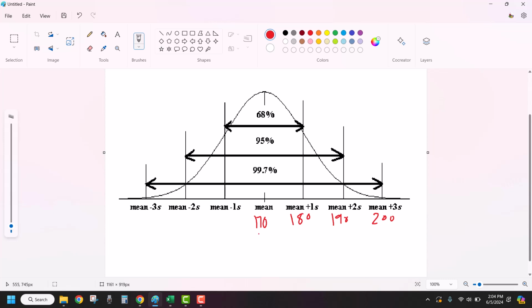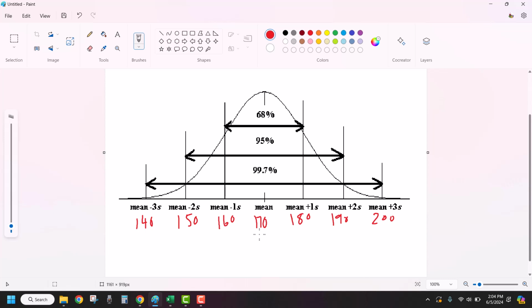And then if you subtract the same standard deviation, you get 160, 150, and 140. Now, again, these are just numbers I made up for the average and standard deviation for the weights of adult women. They're probably not accurate, but I just chose numbers that would work out easily.